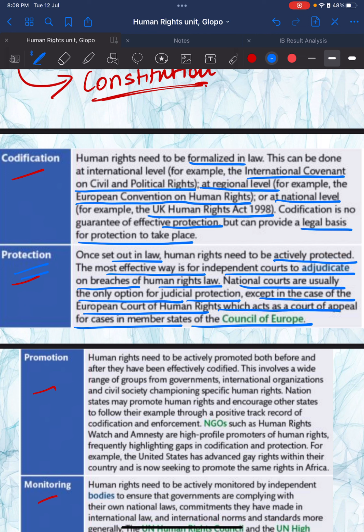So that means there are some special appeal courts as well, apart from your national courts, right? In case it is felt that the judiciary of that country can be biased, then some external appeal courts can be set up as well, right?